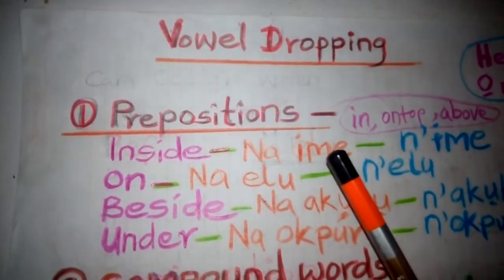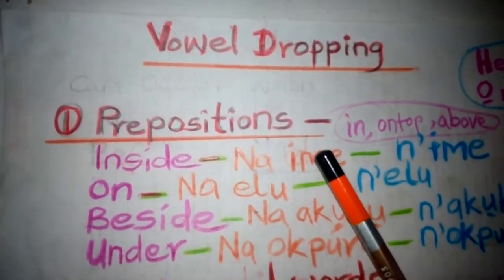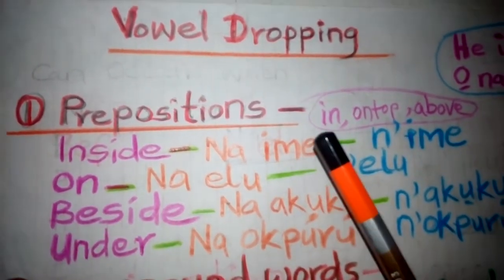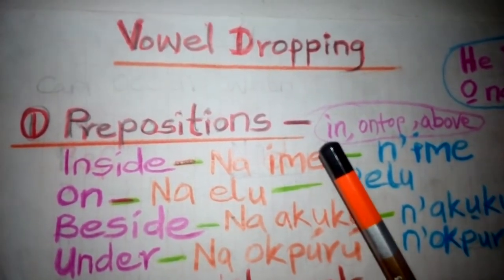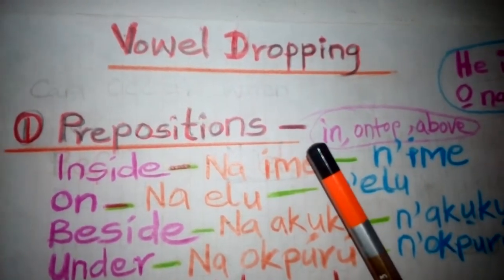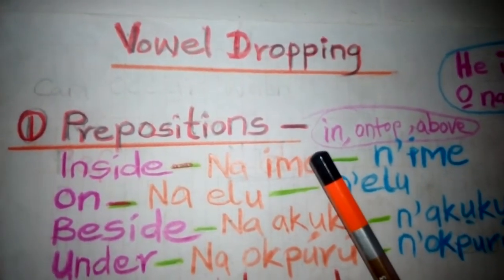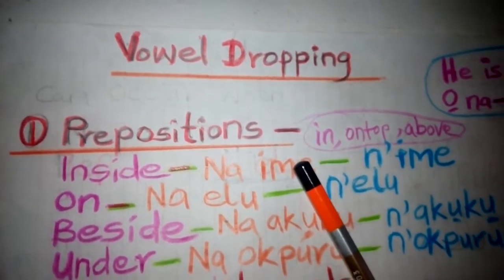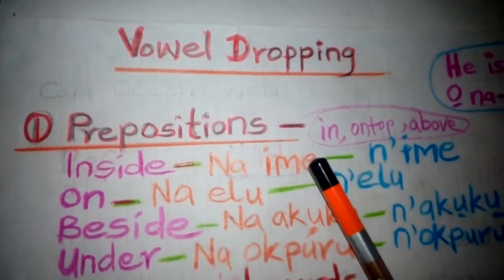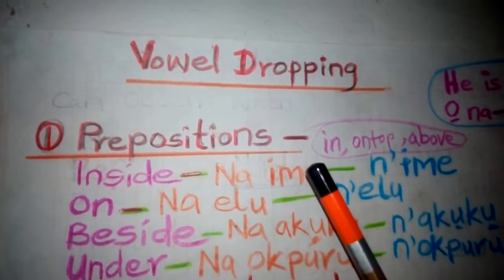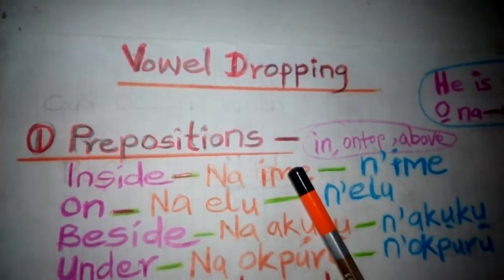If the next word does not begin with a vowel, you cannot drop the a in the na. So that's very important. You can only do this when the beginning of the next word has a vowel.